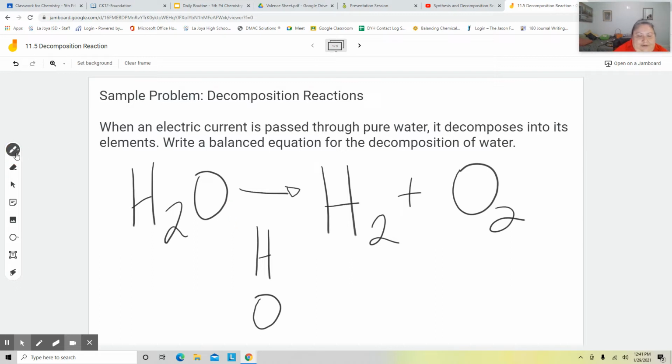All right, very good. On the right, how many? 2H and 2O. You can easily see the subscripts for each, right? You can easily see the 2 for hydrogen and the 2 for oxygen. So let's do that.